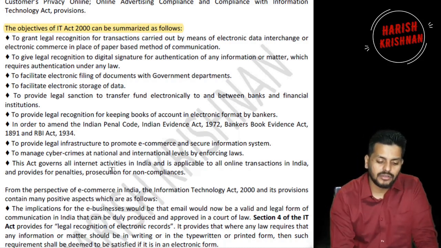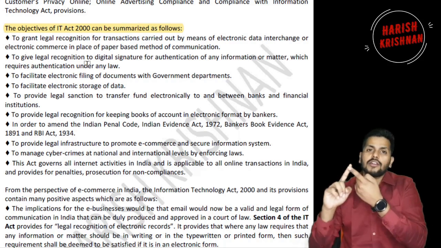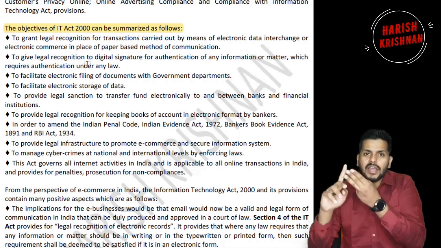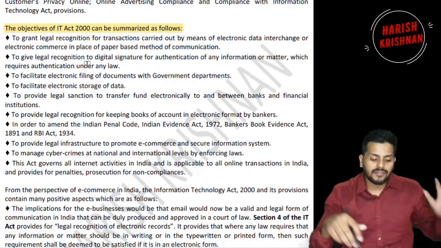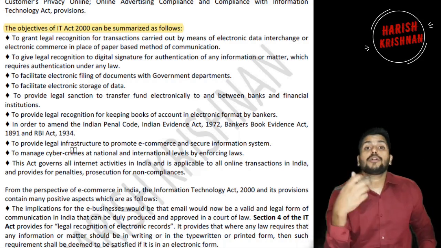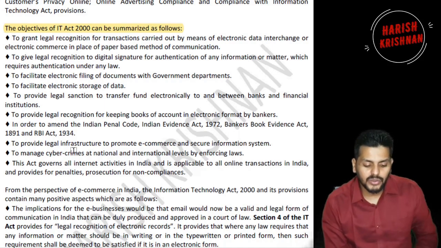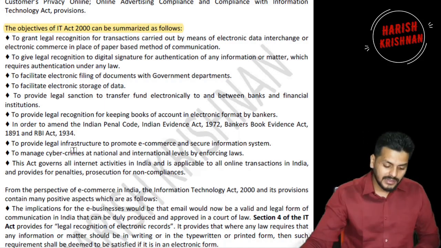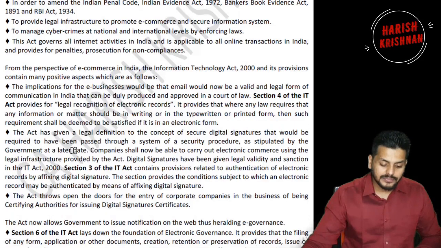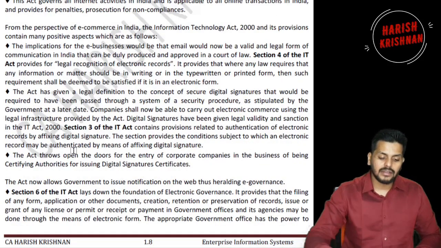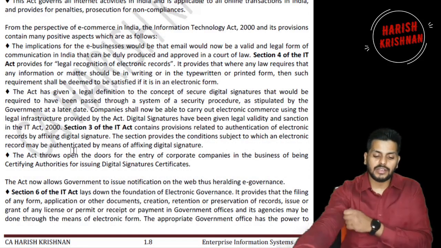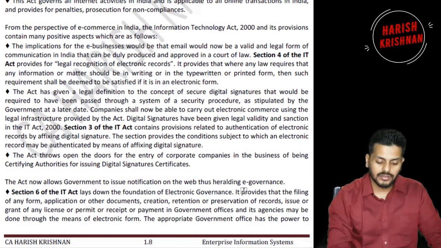The objectives: to grant legal recognition to electronic records and electronic signatures, to provide legal sanctions to filing for government. That list could potentially be a question in the exam. It's a very simple list. I don't want to simply read what was already there. And the two extra points that I want to teach you here are section 4, section 3 and section 6.